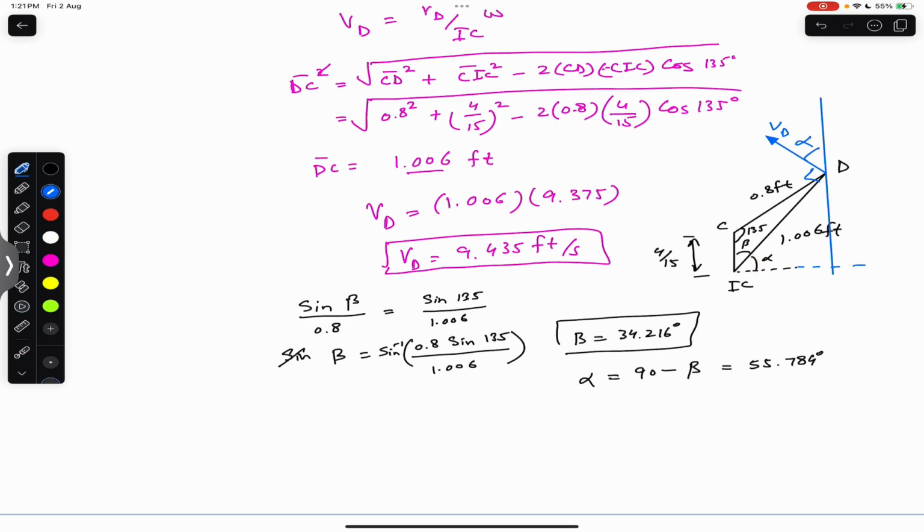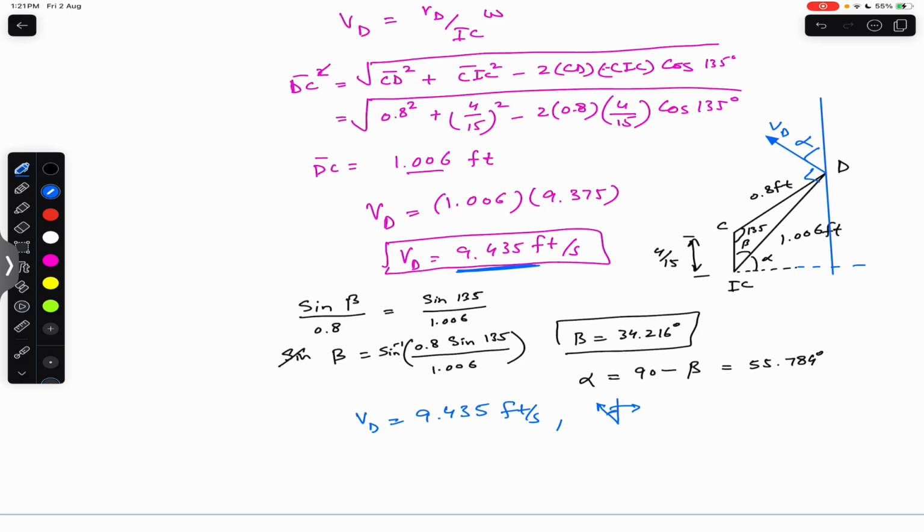So now the magnitude of the velocity of point D is 9.435 feet per second, and it is making 55.784 degrees with the vertical.